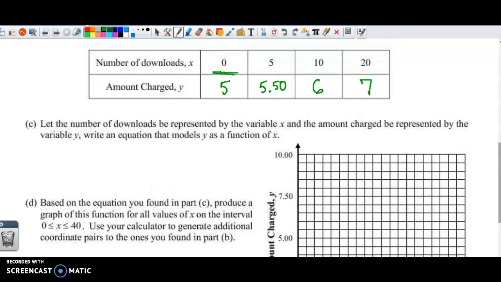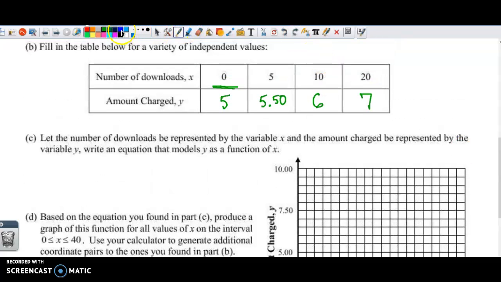So in this situation, hopefully you can think about what's happening here as far as an equation goes. And if you think back to Algebra 1, you might remember the equation y equals mx plus b. Because there's a flat fee of $5, it's part of the price no matter what.